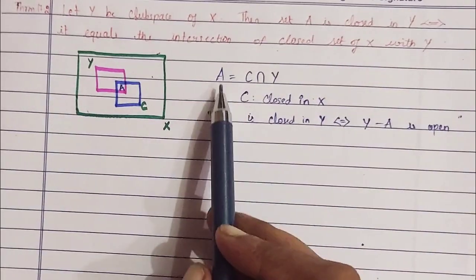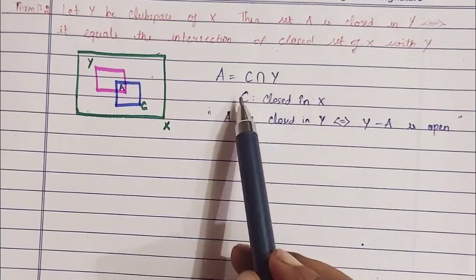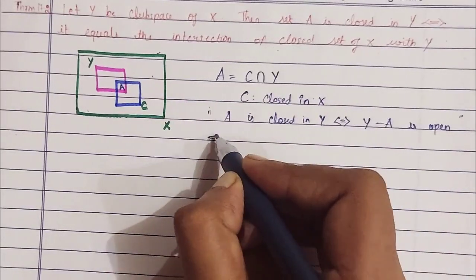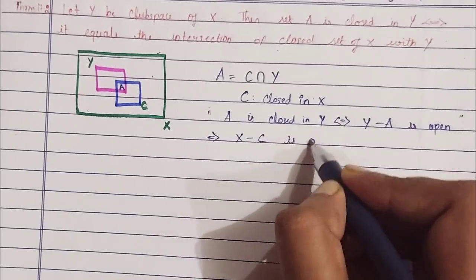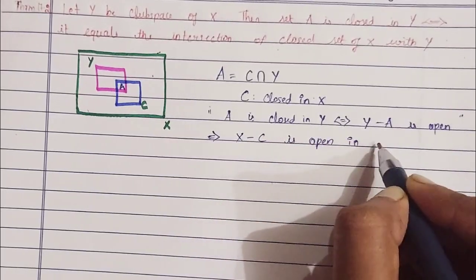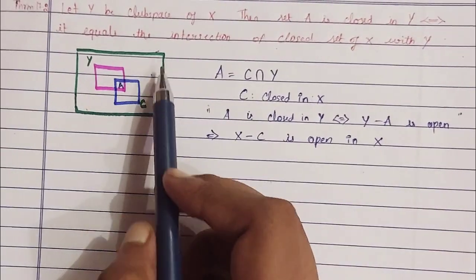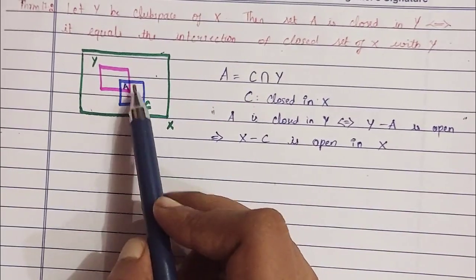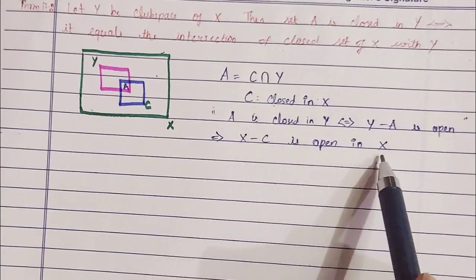So you have taken A equal to C intersection Y and you have named C as closed in X. So the next foremost step is you have to say X minus C is open in X, because this is closed and X minus C is nothing but C complement. This is closed means its complement is open.